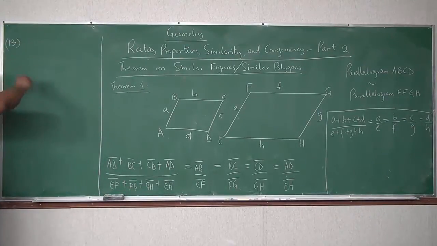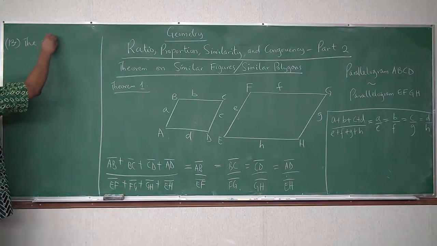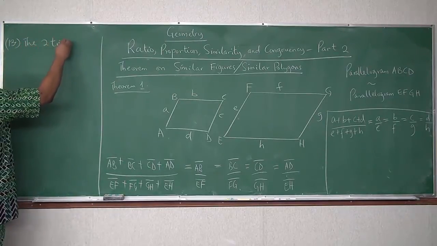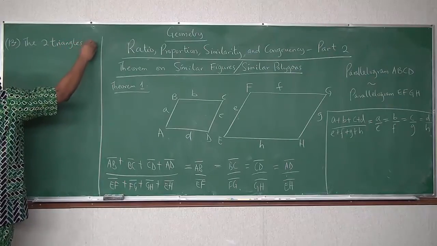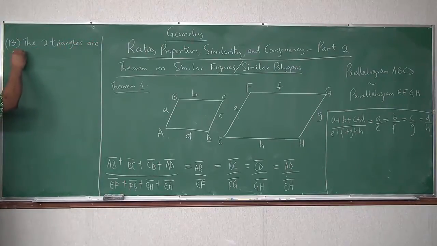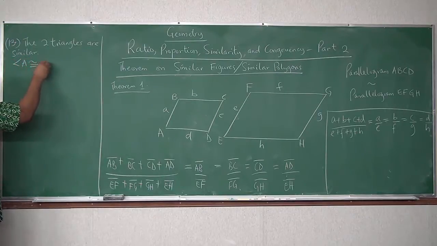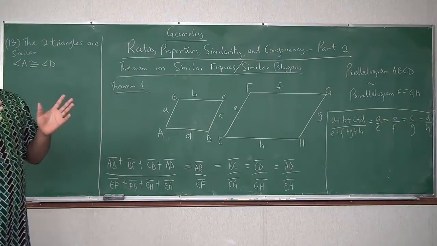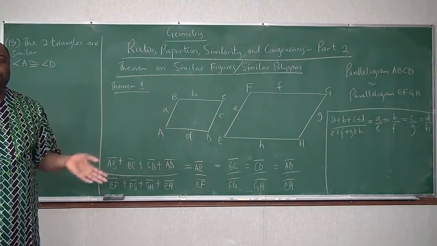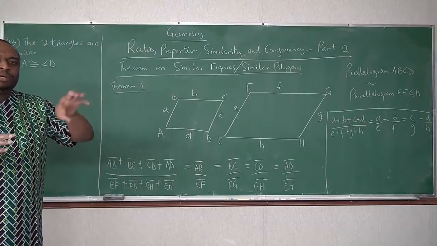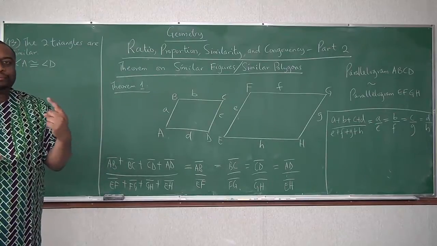Question 13. It says here, the two triangles are similar. Angle A is congruent to angle D. Of course, remember we said for similar figures, the corresponding angles are congruent.